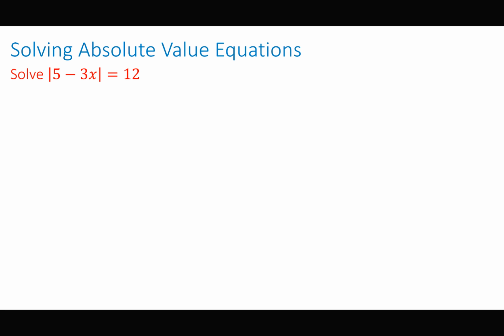So the absolute value of 5 minus 3x equals 12. So I know if I have in my absolute value bars a negative 12, that would equal 12. And also if I have a positive 12, that would equal 12.